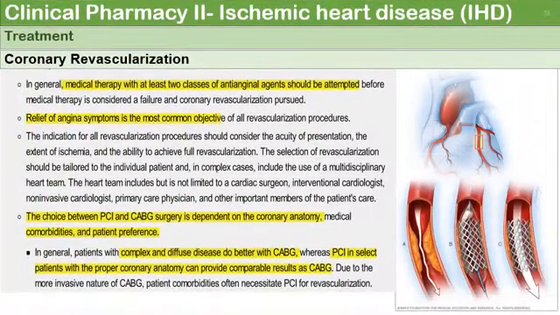The last type of treatment, which is most commonly used nowadays, is coronary revascularization, either by use of PCI, percutaneous coronary intervention, using a catheter with a stent to increase the patency of the occluded or narrowed vessel and enhance the myocardial blood perfusion, myocardial blood flow.